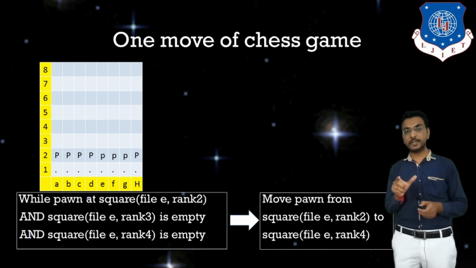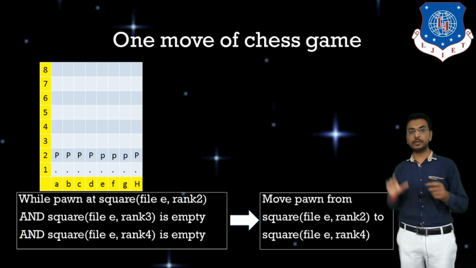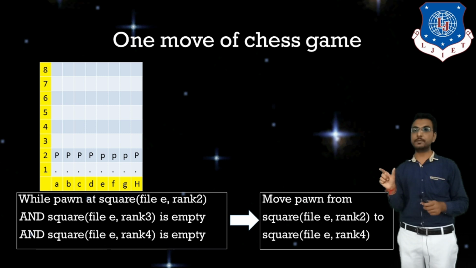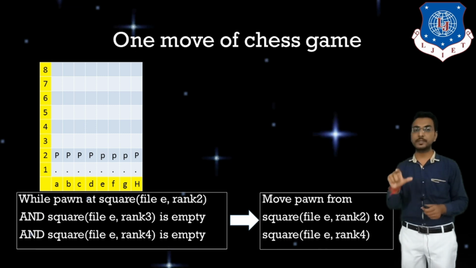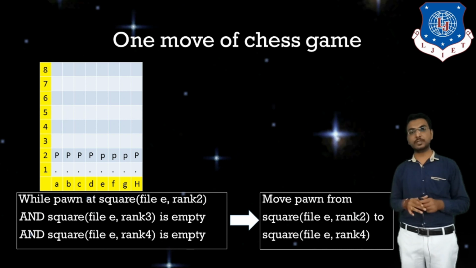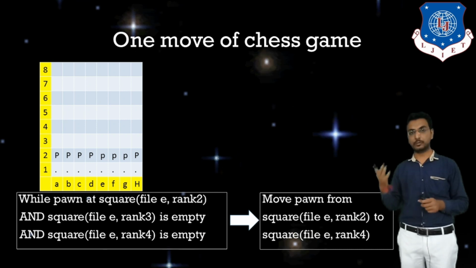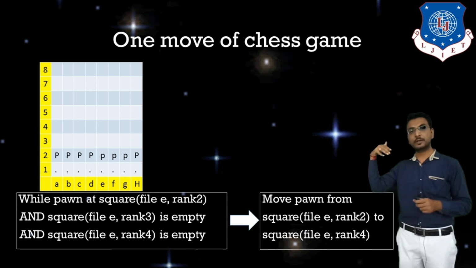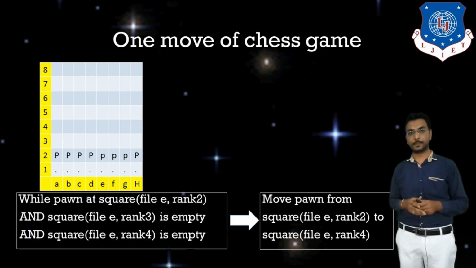The necessary condition is that the pawn is at the e, 2 position, where e specifies the column and 2 specifies the row.